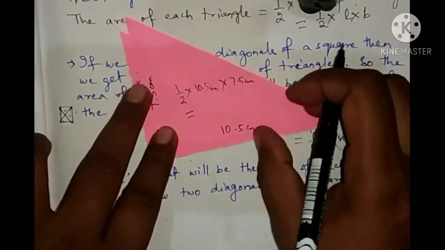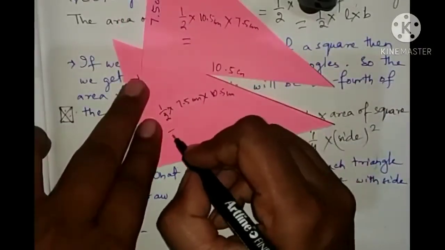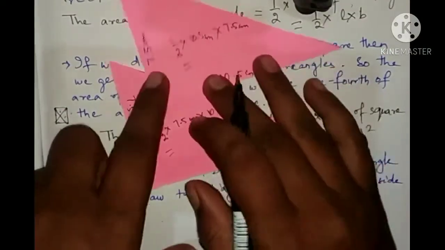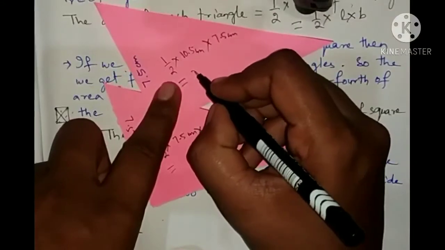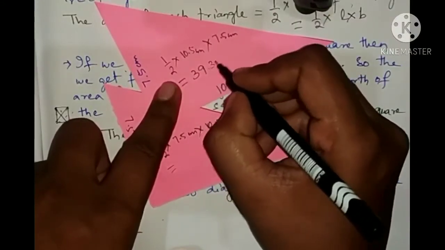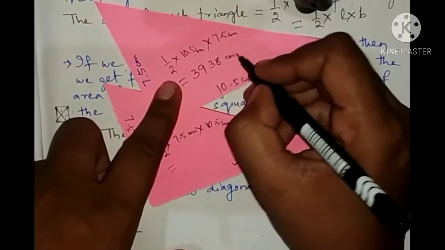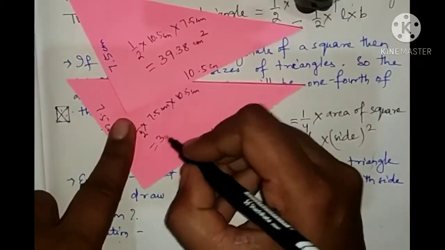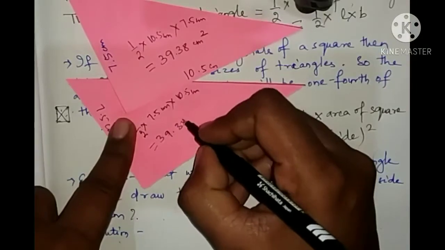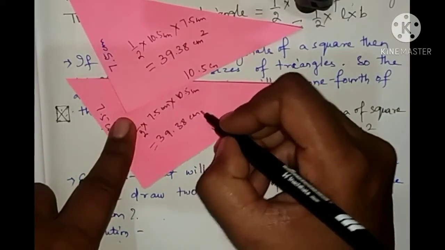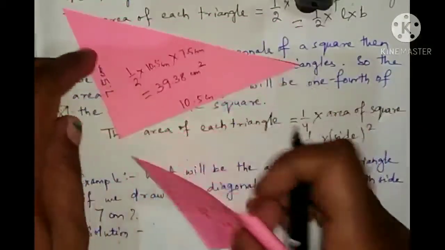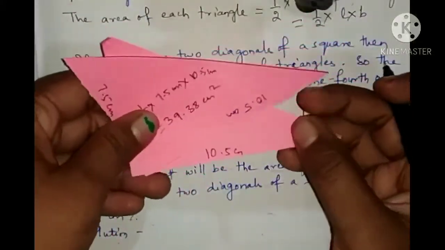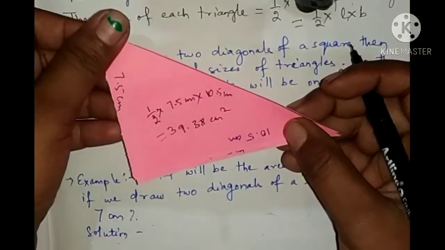What area did we get? 39.38 square centimeter. This one is also the same, 39.38 square centimeter. So these two have the same area when we divide the rectangle by a diagonal.